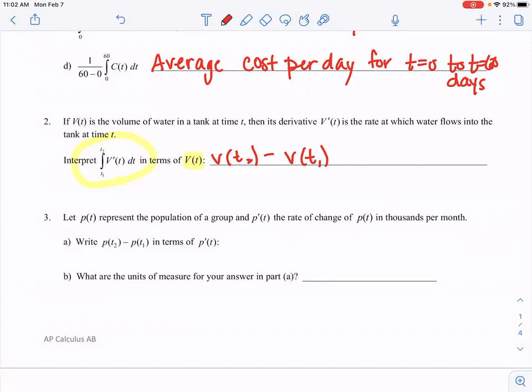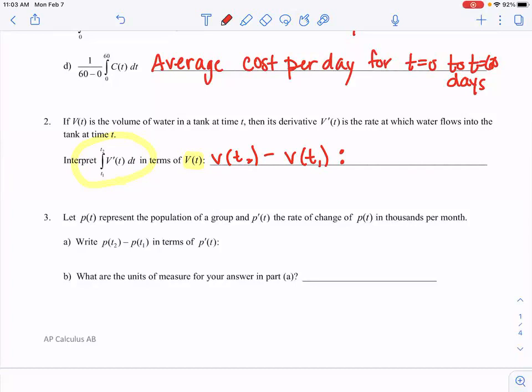Now, what does this represent? Okay. What was inside the integral is the rate of water flowing into the tank. And so if I add up from time is 1 to time is 2, what do we have? Not quite.